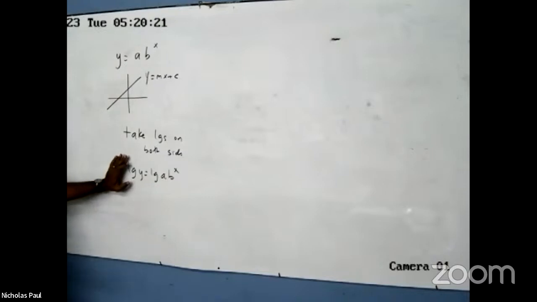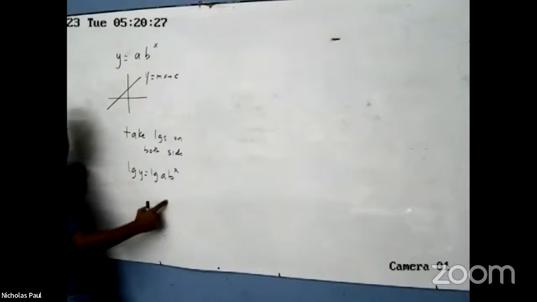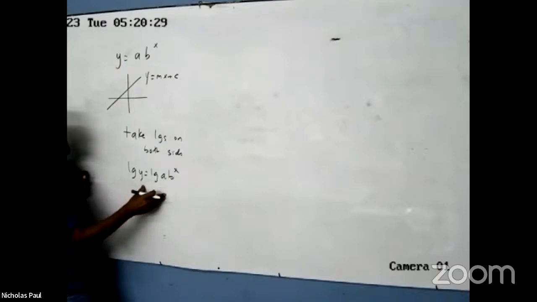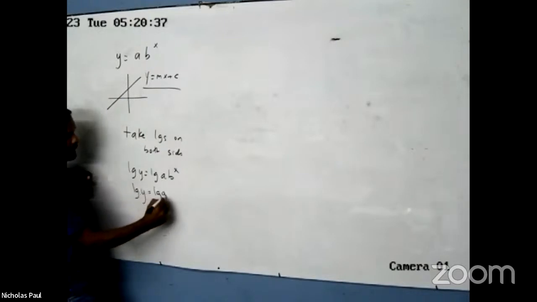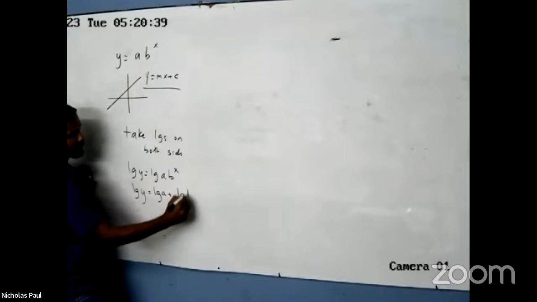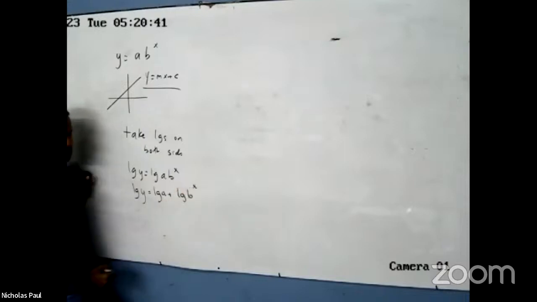Go over the work, go over and look over indices. Anyway, watch this here. Linearize means we have to write in this form. So we take logs on both sides, and we will get log y is equal to log a plus log b to the power of x.